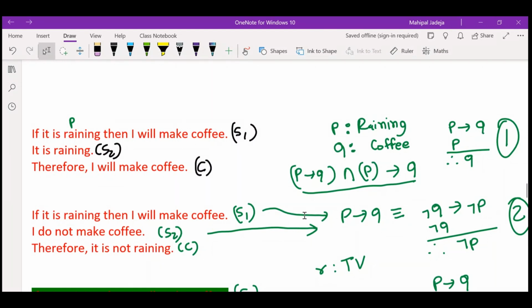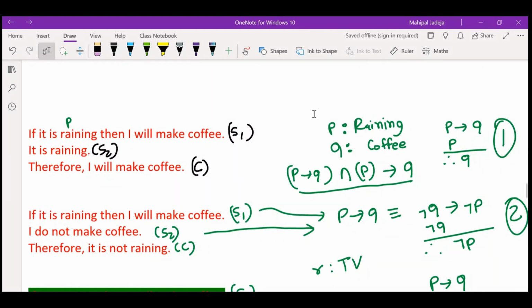Which one is following this particular template? Example 1 or example 2? One, sir. Right. So here it's very easy. P is given to you, P is true, it is raining, and then you are saying if it is raining, then I will make coffee, and then you are saying therefore I will make coffee.